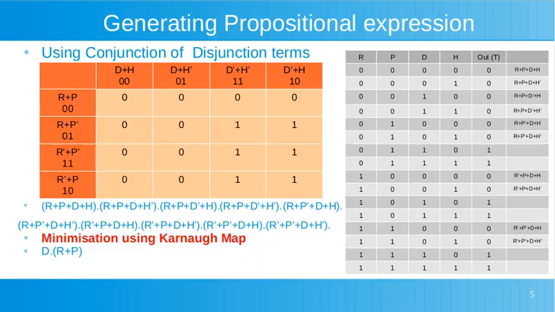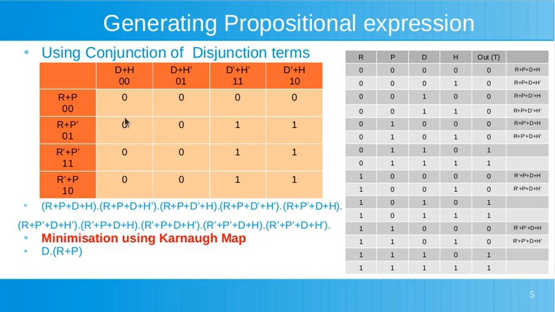Now this is our expression, and from this expression we have to put it into the Karnaugh map. So this is our Karnaugh map table. Here there are 16 cells.